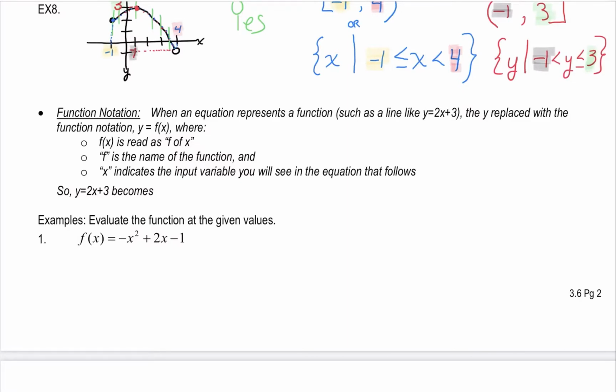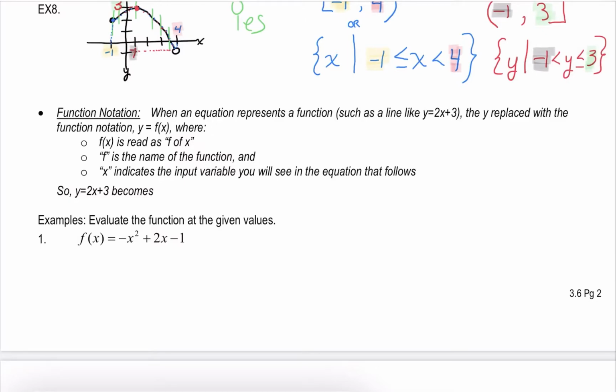So can we convey that information maybe a little better to the mathematical reader, if you will? And we do. What we say is that we are going to replace the output variable, which most often is y, and we're going to name the function. We're going to name it f or g or h or whatever we want. And then in parentheses, we're going to put the input variable, or the independent variable, that we're going to see in the equation on the right-hand side.